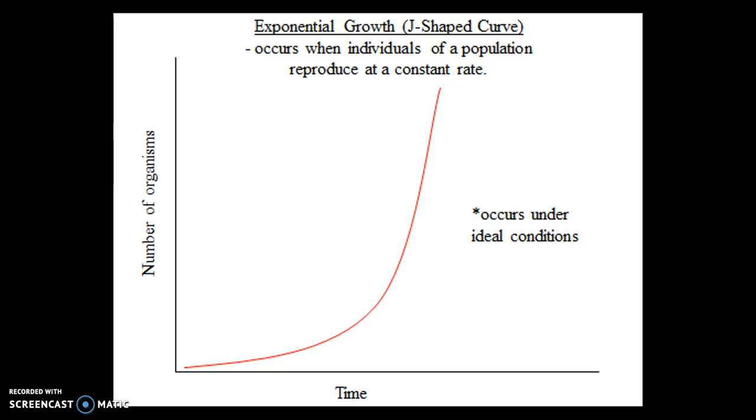So you tend to see this for a short time. For example, when you first get infected with bacteria, the bacteria will show exponential growth inside your body. Okay? Same thing with founder effects and bottlenecks. When there's a very small population, there's very little competition and lots of resources, so they can experience exponential growth.